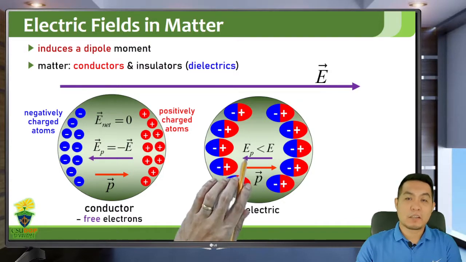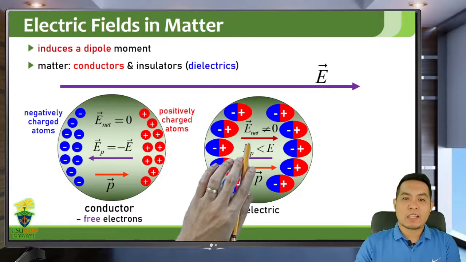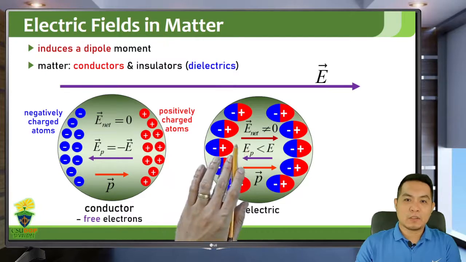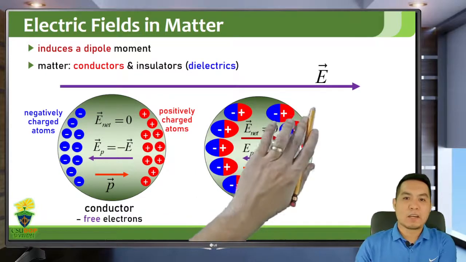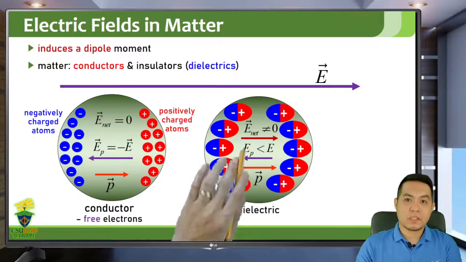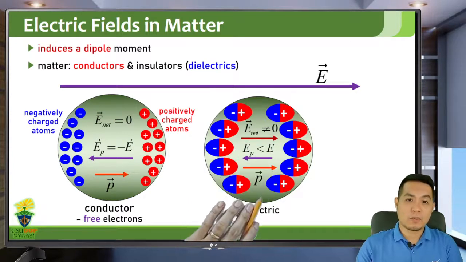But this internal electric field is very weak, such that the net electric field inside the dielectric will be in the same direction as the external electric field. So it's no longer equal to zero, unlike the conductors.